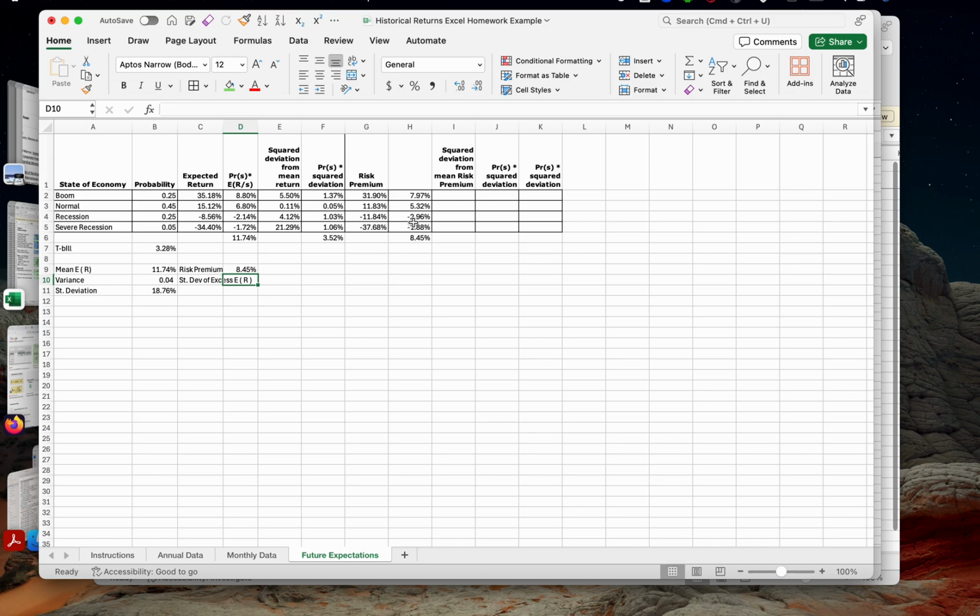Now, what is the standard deviation of that? Now I'm going to take each risk premium, subtract the mean risk premium, and square it. This is going to be my square deviation. I can drag it and copy paste.